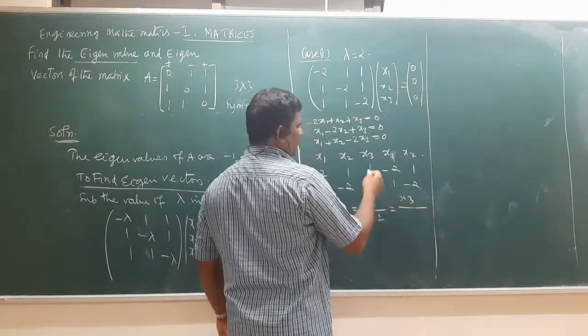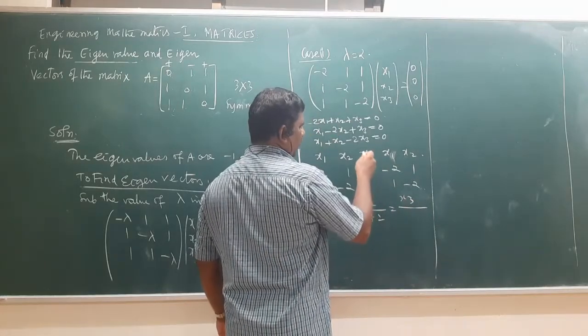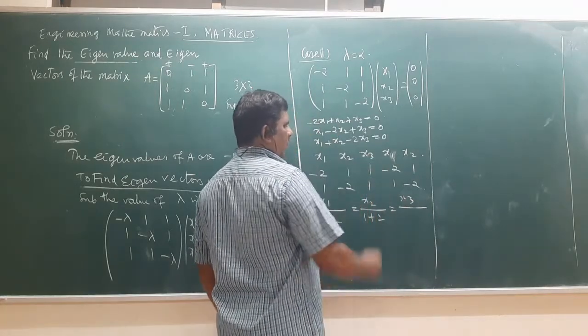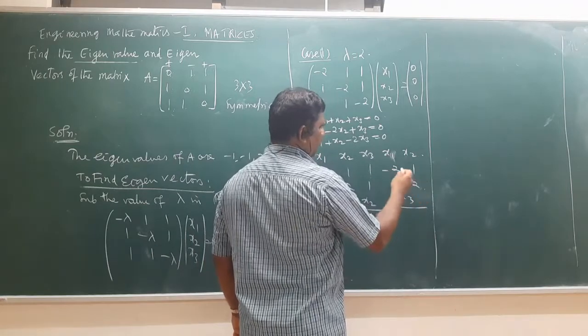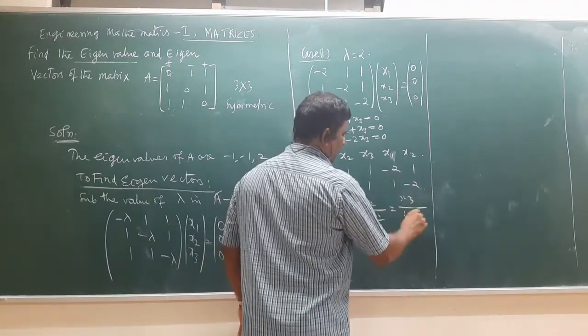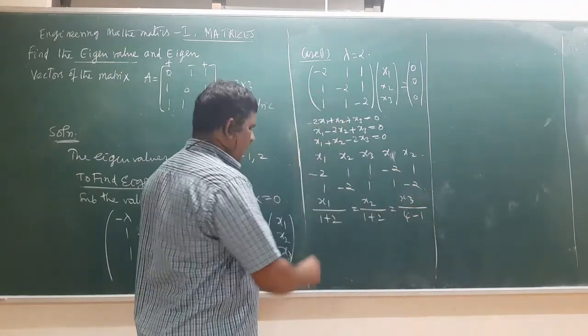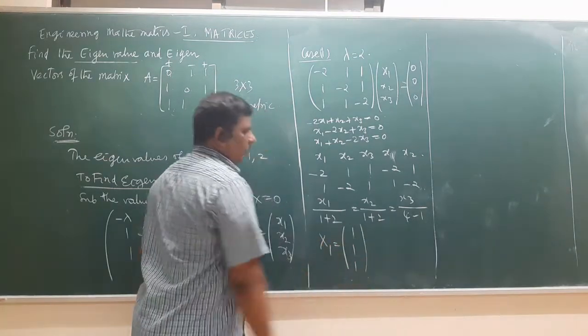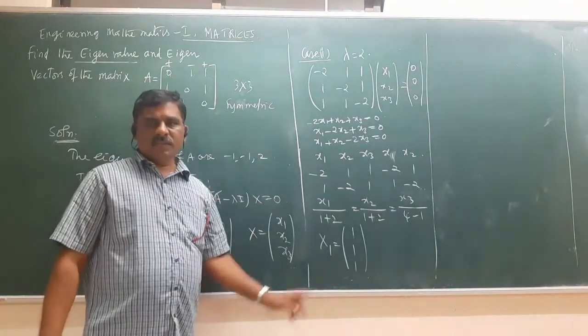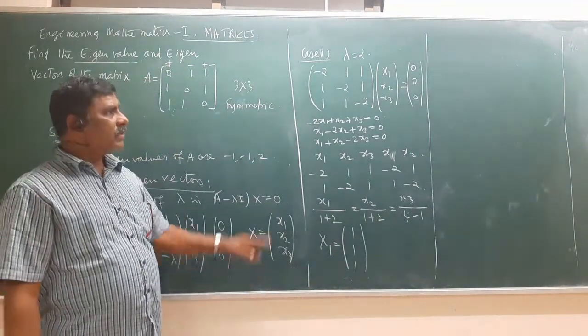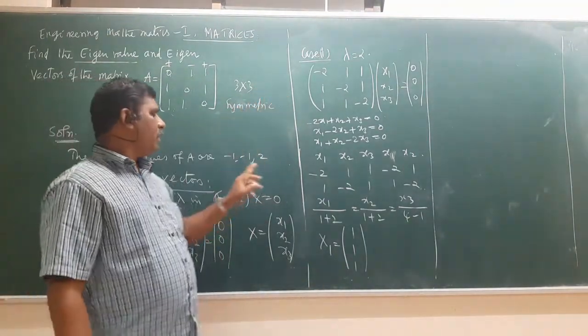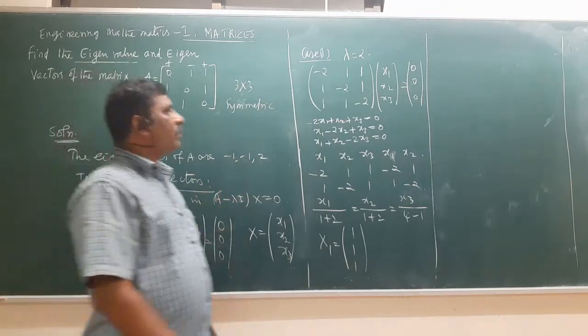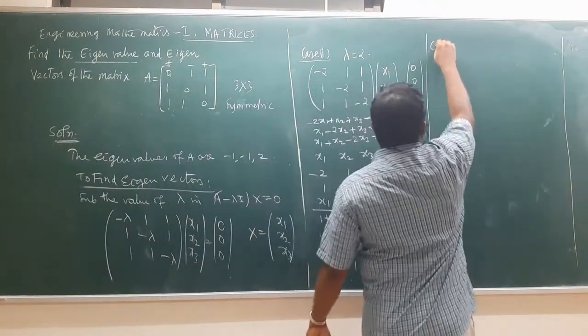For x3, once again, you leave the respective column, the determinant of the next two, that means 4 minus 1. So you will get the eigenvector 1, 1, 1. So it is the first eigenvector. Next one is repeated. So take that case 2.